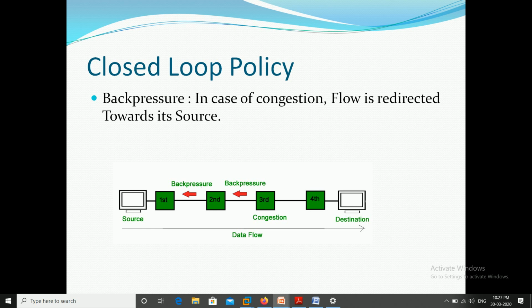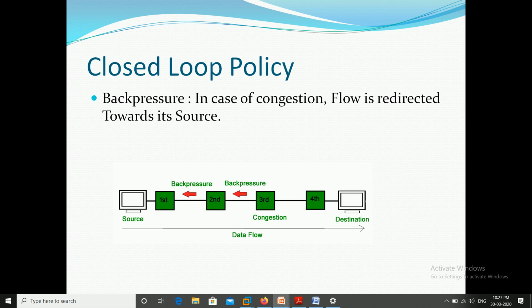So back pressure is what? It is only applicable when we know where the packet comes from, right? I hope you understand. We have two types of circuits: one is the virtual circuit, one is the datagram. Virtual circuits maintain the same path from source to destination. First they establish the circuit, then they send the packets and so on.